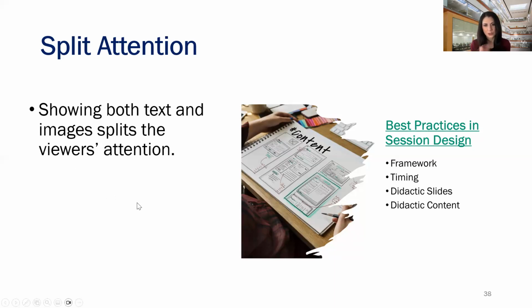So having a visual and having some explanation of it, or having that text. One of the other things that is a big drawback, or a thing that we discourage people from doing as it relates to split attention, is when people might include a graphic or an image that maybe is interesting or appealing, but maybe doesn't actually reinforce or have as much to do with the message itself, because you're more likely to remember one or the other.